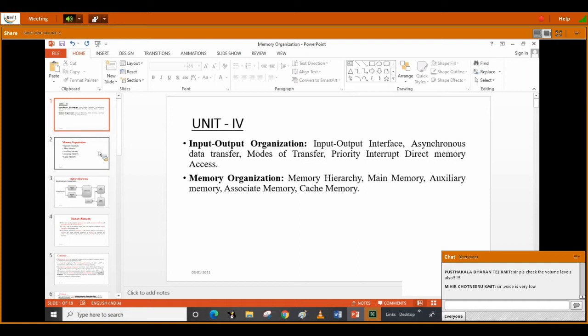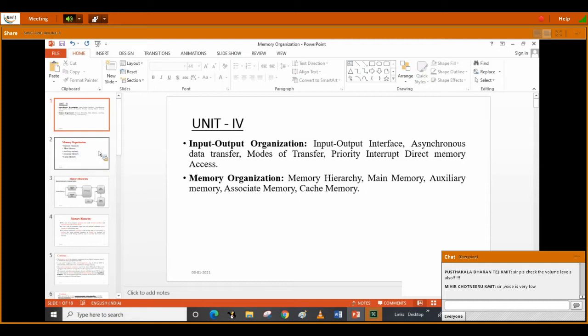First we are going to discuss the handshaking protocol. What is the handshaking protocol? It is used for providing acknowledgement from the destination to the source.